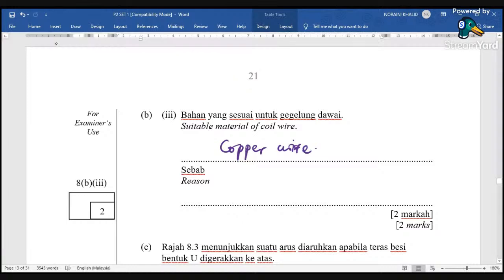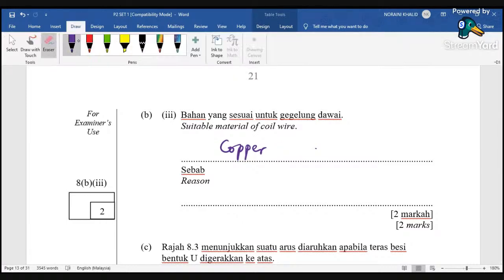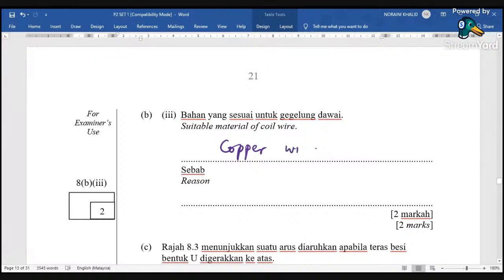Okay, so copper wire has lower resistance. Okay, increase current.